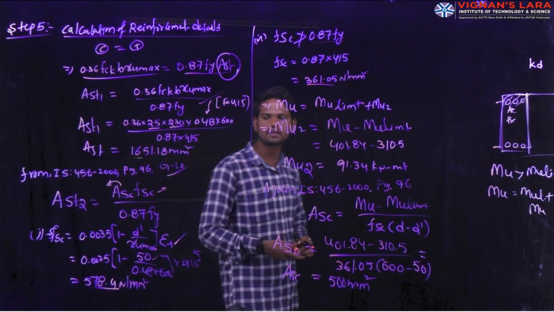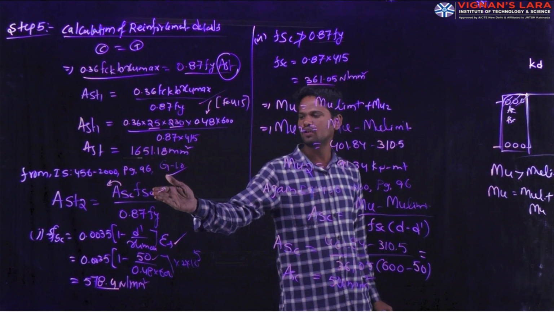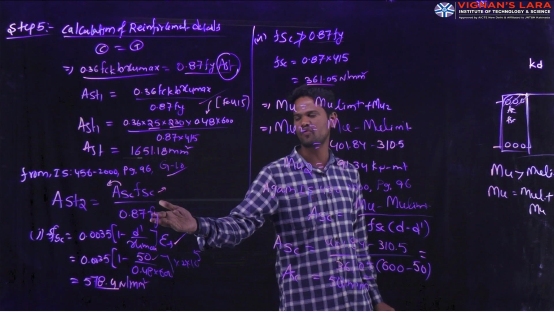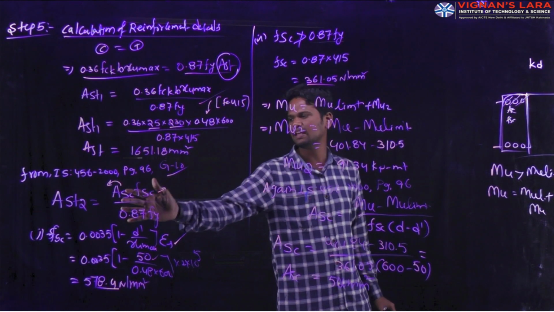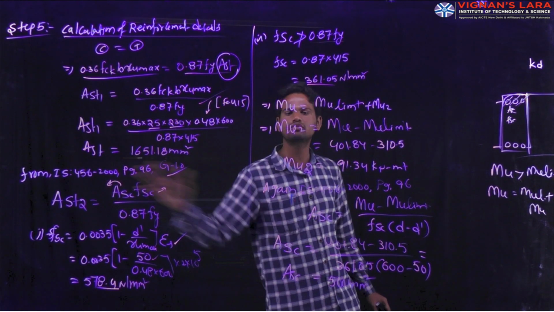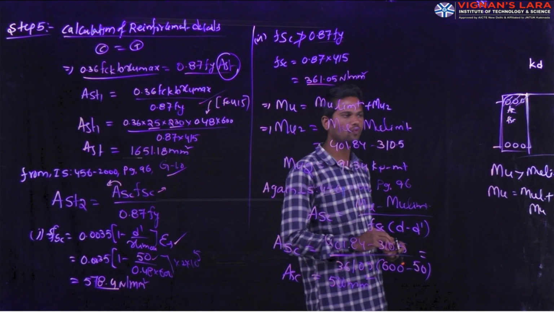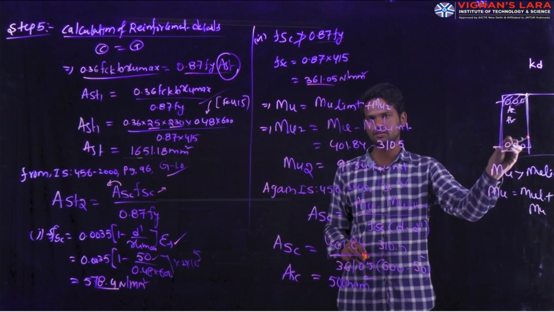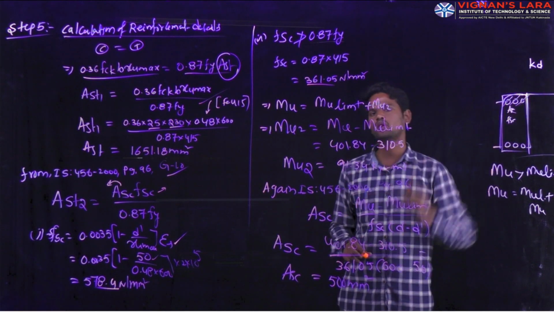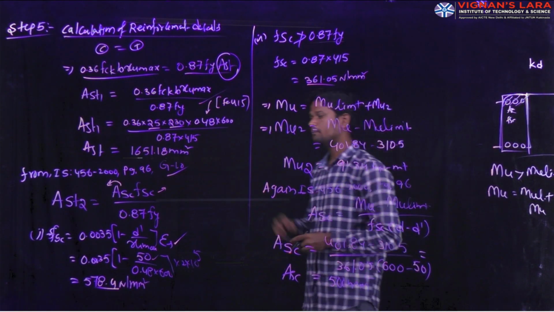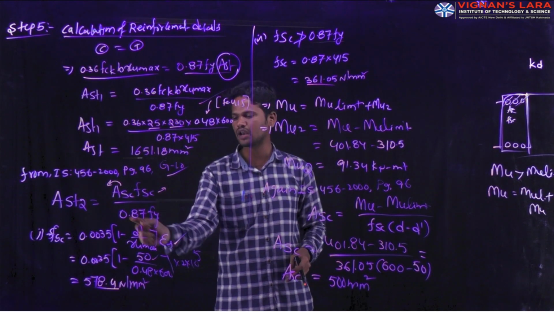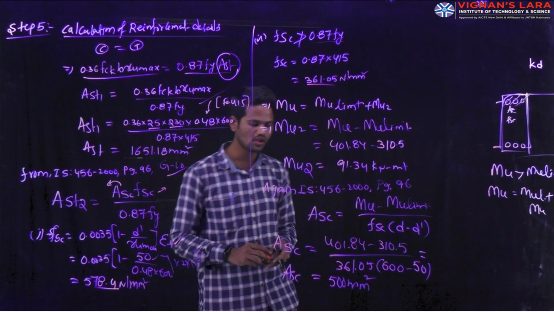Always remember that the FSC value should be taken as 0.87 Fy, then compulsorily ASC will be equal to the AST2 value. That means the additional reinforcement we provide in the bottom of the beam, that same reinforcement we provide in the top of the beam also. In those situations only, when we are taking this value as 0.87 Fy.